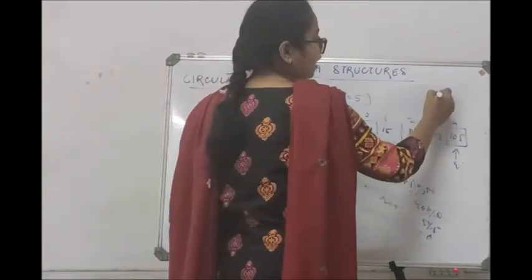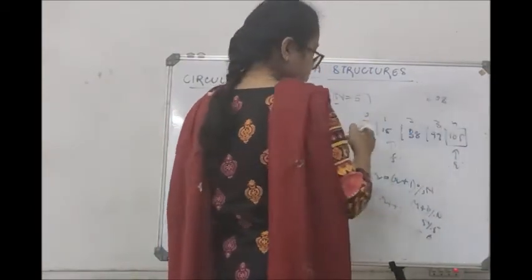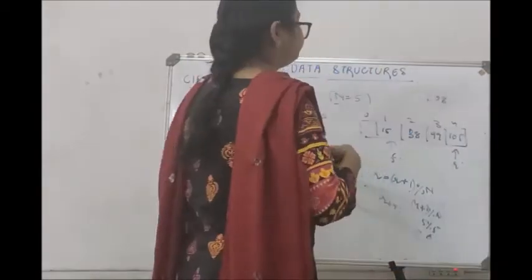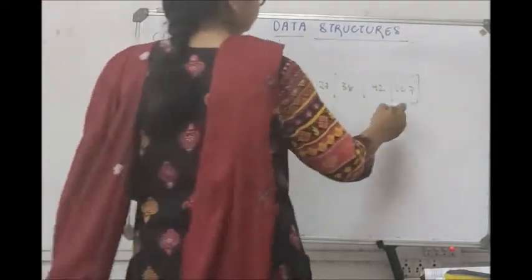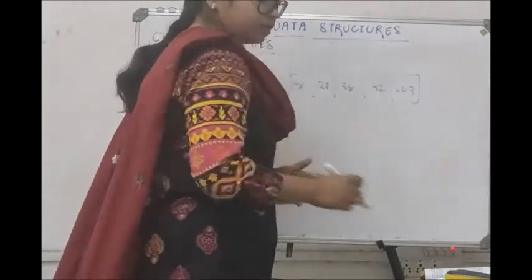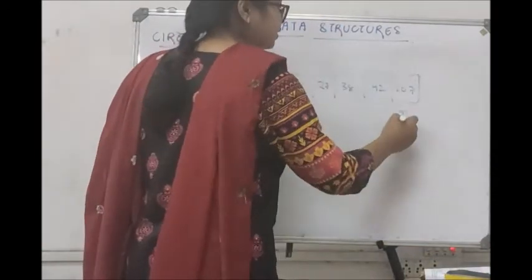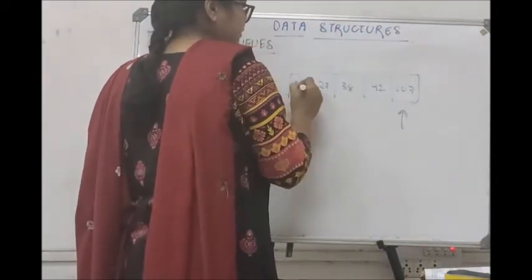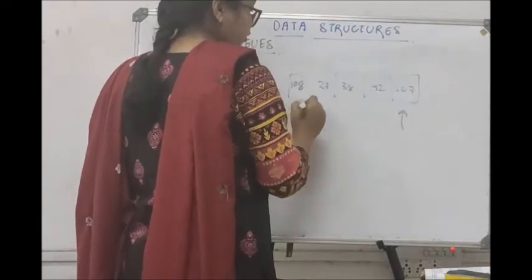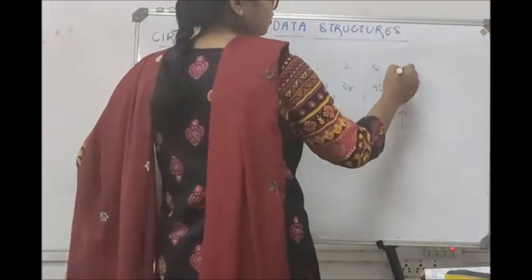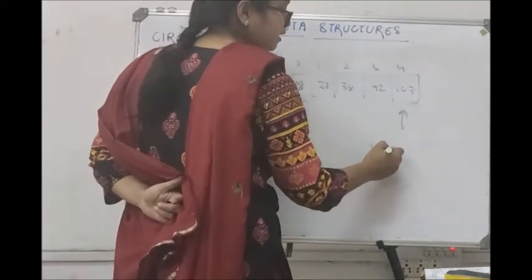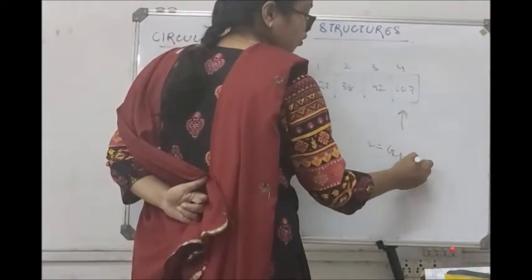So suppose you want to add 108, then you can add. We add 108 and rear will be pointing to 0. How is it pointing to 0? Because rear will be incremented as R plus 1 mod n.